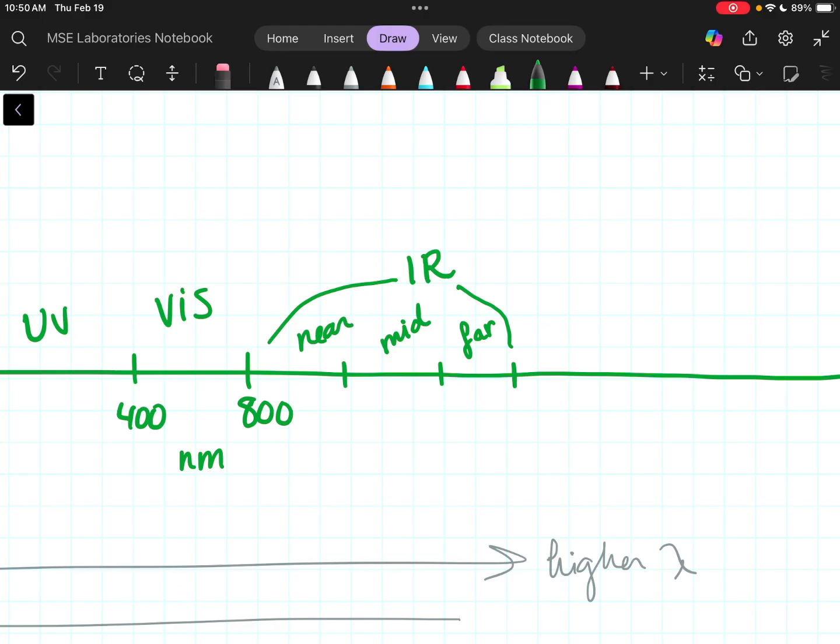We have near IR, we have mid IR, and we have far IR. I know, very surprising. Kind of expansion of those. Near IR is going to be 800 to about 2,500 nanometers.